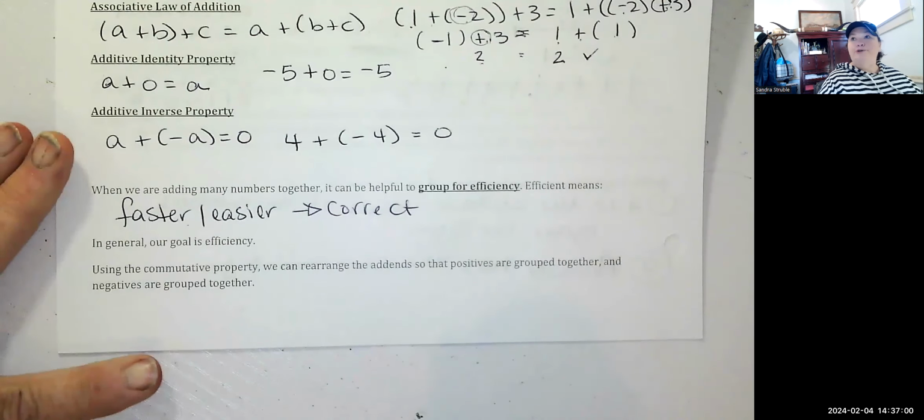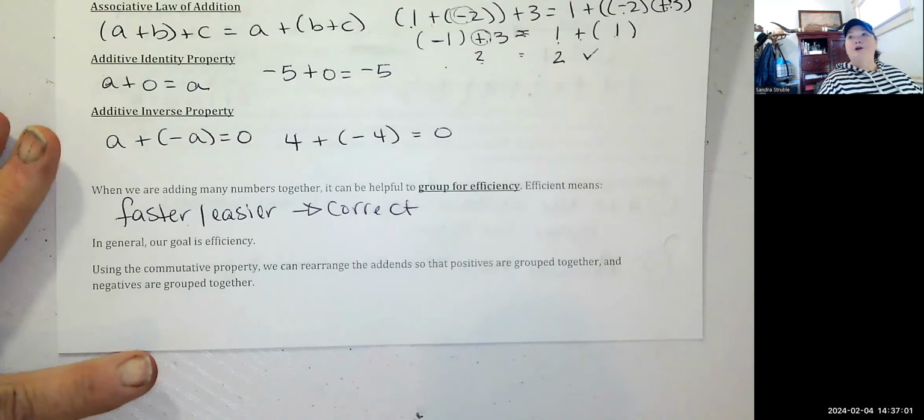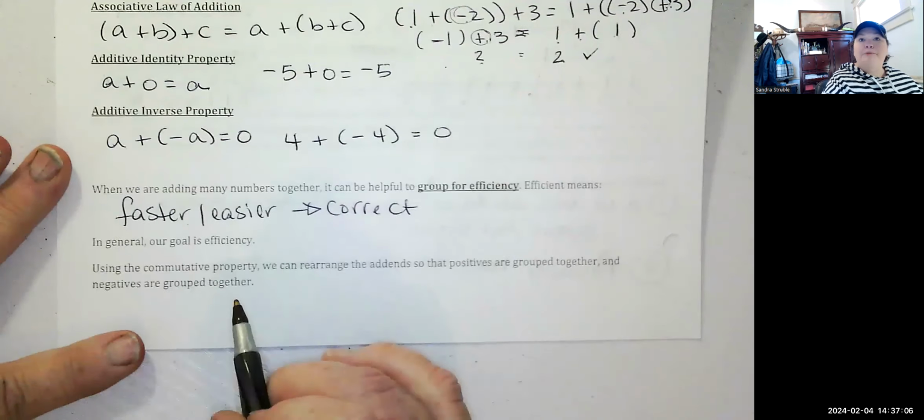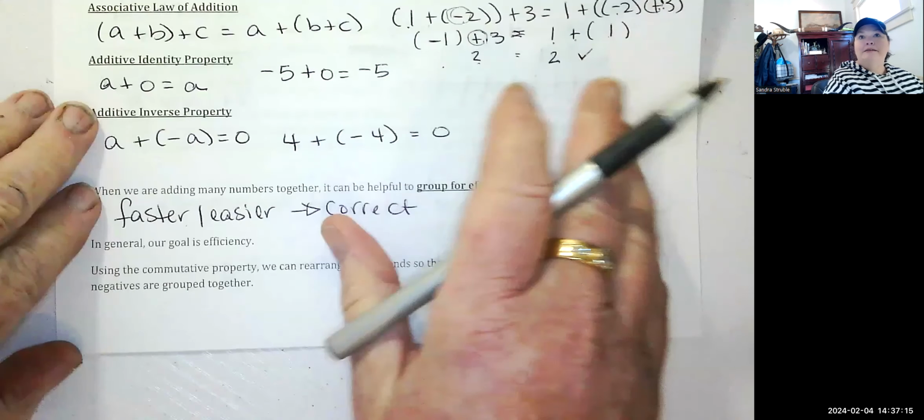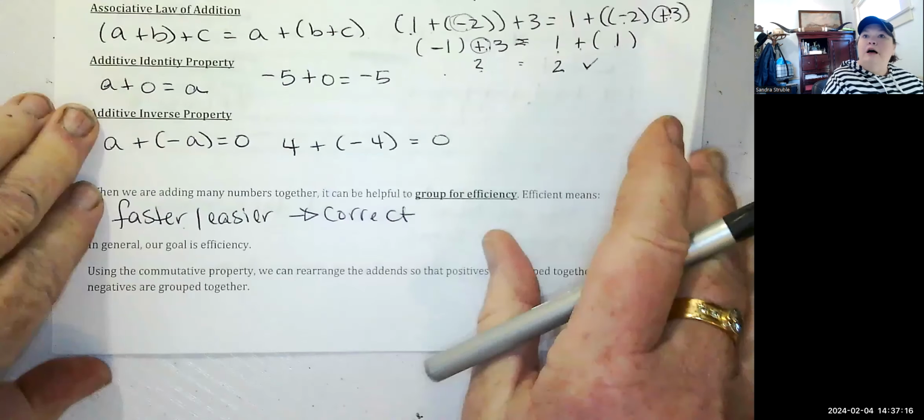The term I like to use is work smarter, not harder. Use the commutative property. In using the commutative property, we can arrange the addends, the numbers themselves, so that the positives are grouped together and the negatives are grouped together. That'll probably make it a lot easier for you as well. So cool, this is going to be fun.